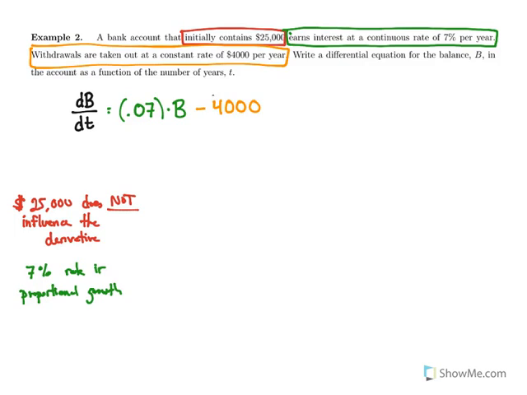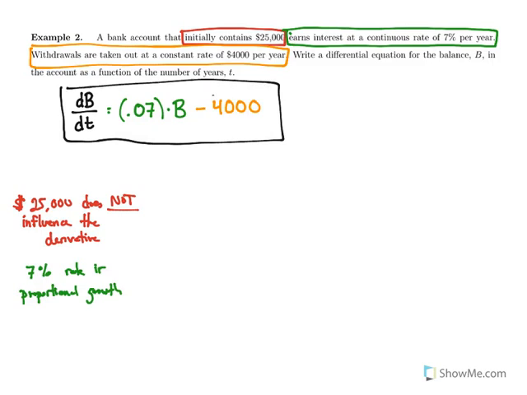That's very similar to our allowance example in the first video. So here we're kind of combining the two different sorts of growth and decline that we're going to look at in this chapter or in this section. Proportional growth, and then in this case, just a constant decline. And this represents the differential equation.